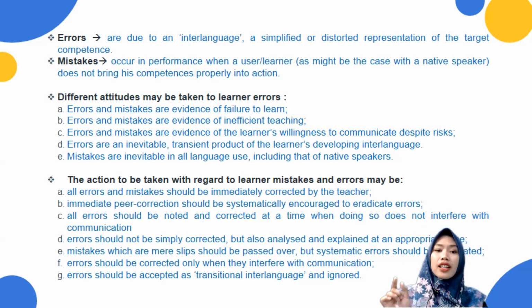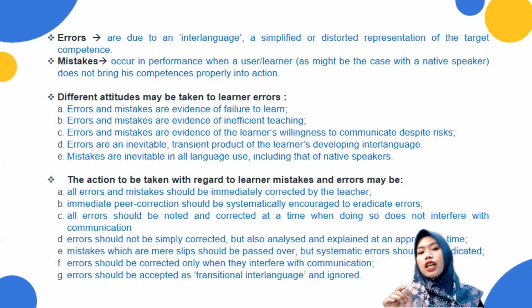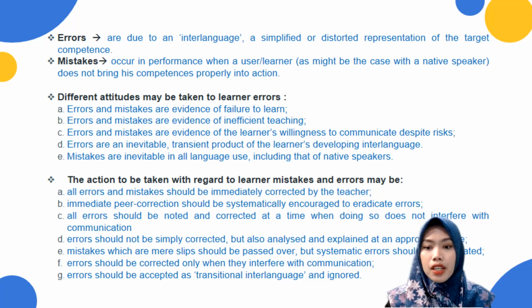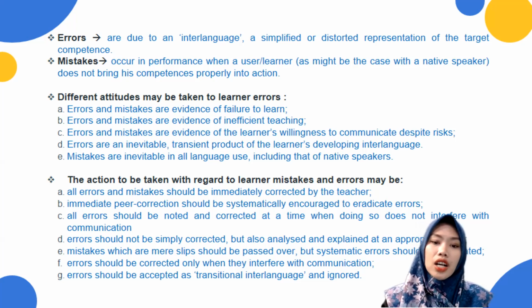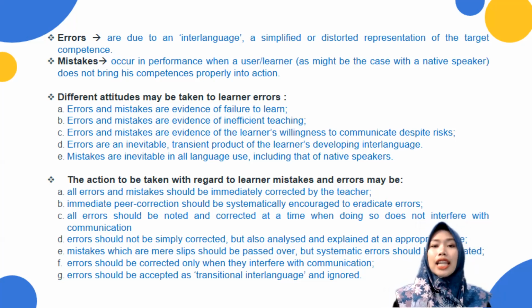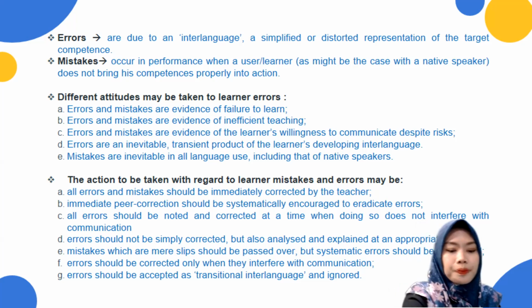Errors and mistakes are evidence of value learned. Errors and mistakes are evidence of inefficient teaching, and then errors and mistakes are evidence of the learner's willingness to communicate despite risk. Errors are an inevitable transient product of the learner's developing interlanguage, and mistakes are inevitable in all language use, including that of native speakers.